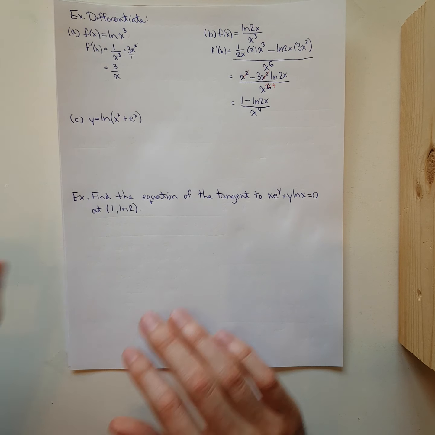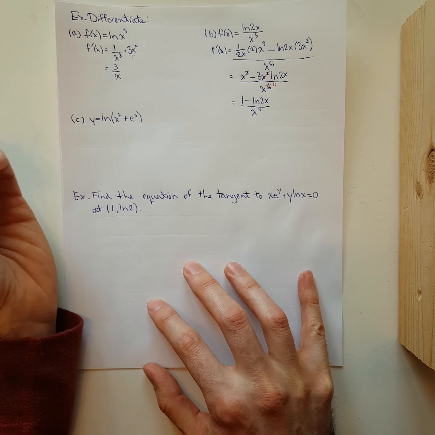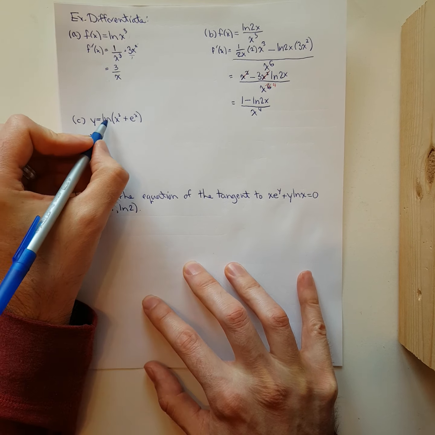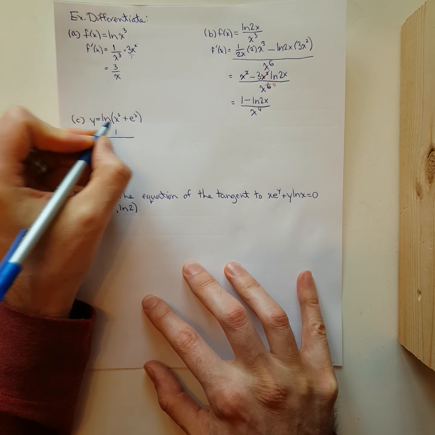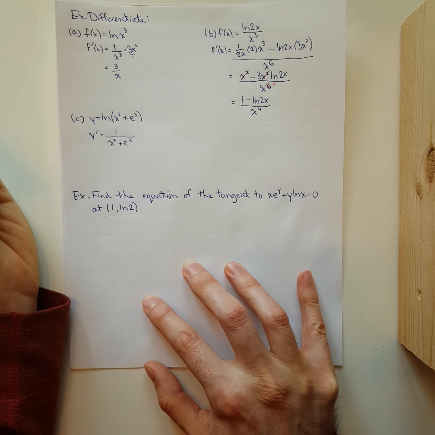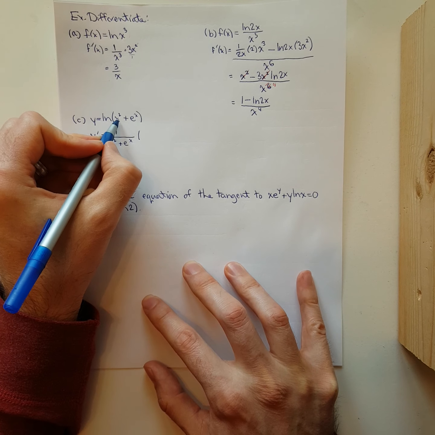In our third example, this time it happens that the inner function, our argument, happens to be a binomial. That's fine. We still apply the rule in the same way. The derivative of our outer function, our ln function, would be 1 over the argument. So it's 1 over that binomial. And then we would have to multiply that by the derivative of the inside.